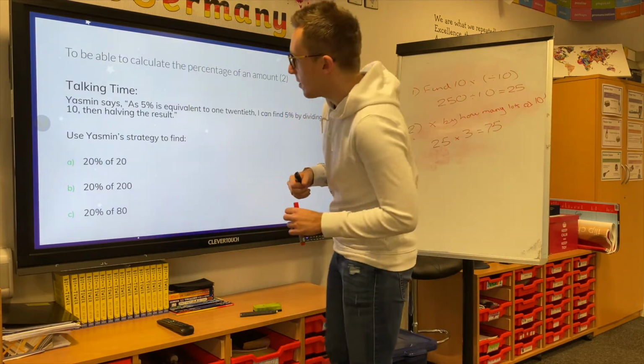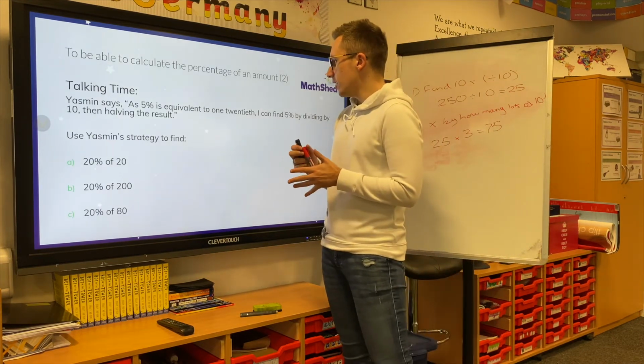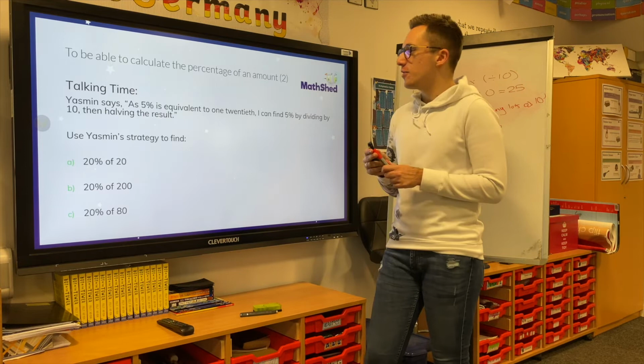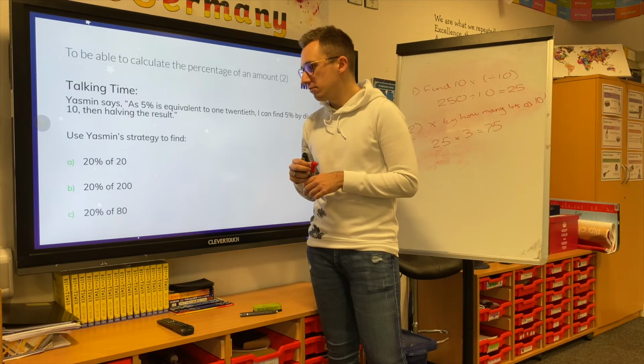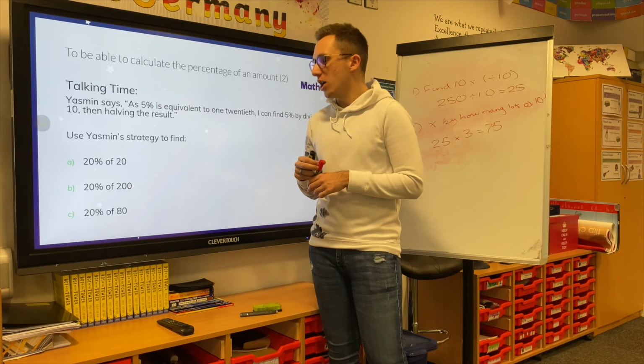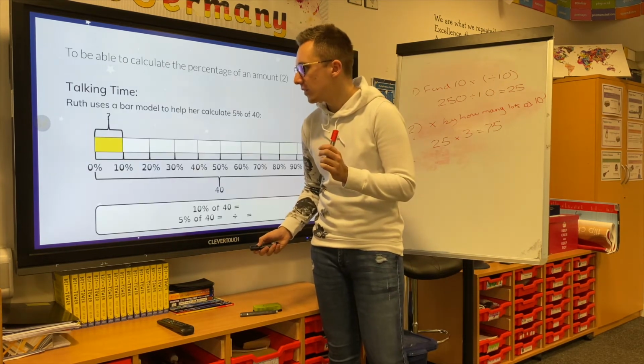Yasmin says, as 5% is equivalent to 1/20th, I can find 5% by dividing by 10 and then halving it. Okay, that's absolutely fine. So what she is saying is this.